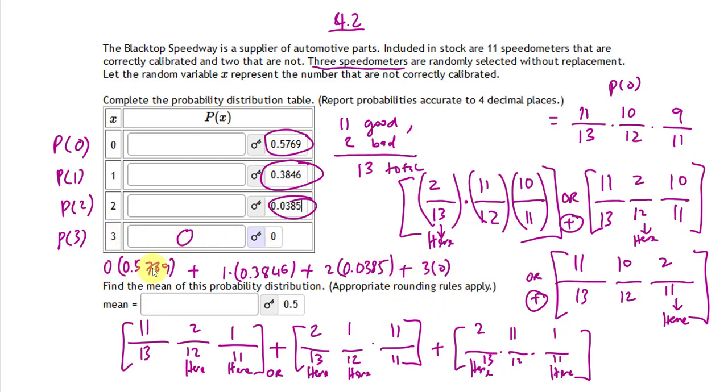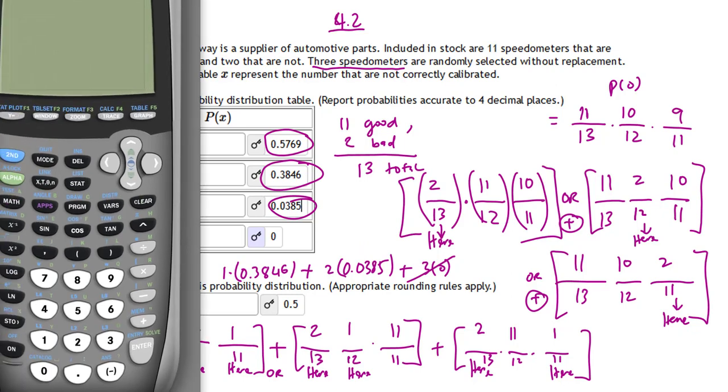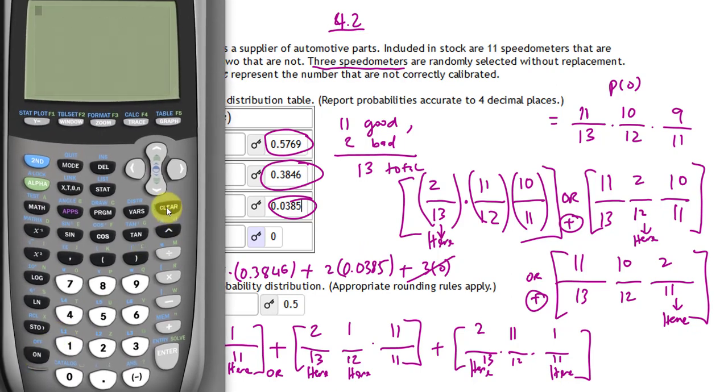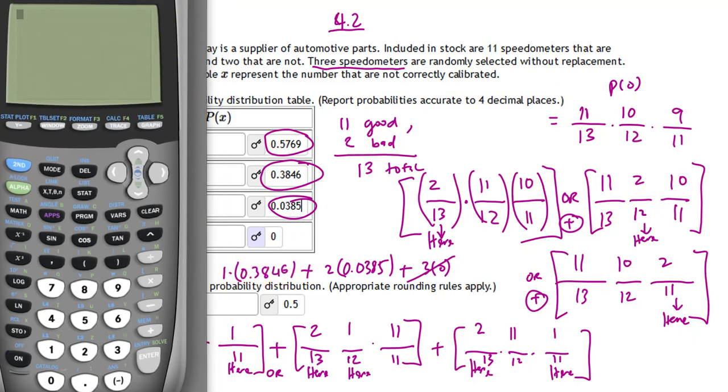And you can see that 0 times this thing is gone, 3 times 0 is gone. So basically you only have these 2 values to multiply. So this thing multiplied by 1 is just the same thing, right?